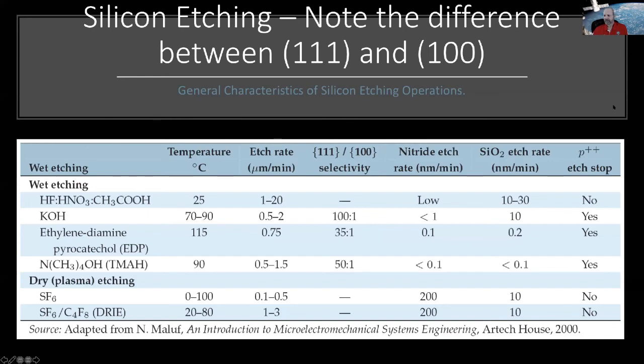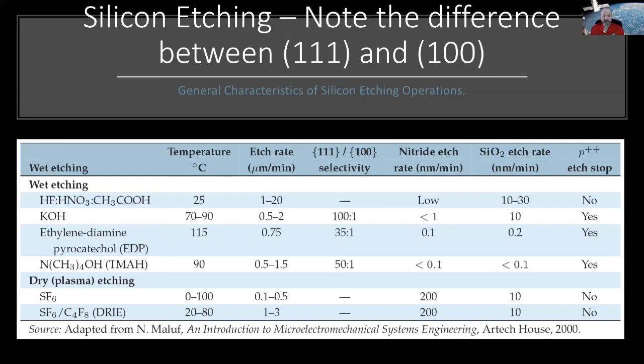And then here's a nice little table from the book. It's showing you etching of silicon crystal as a function of different planes. Sometimes it doesn't make a difference. Sometimes it makes a lot of difference. So you can see in the second row there, it says KOH. K is potassium. OH is hydroxide.